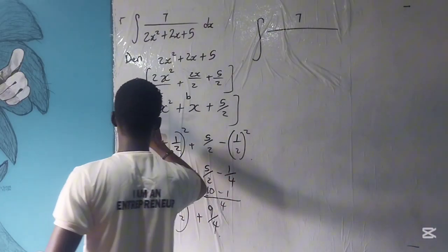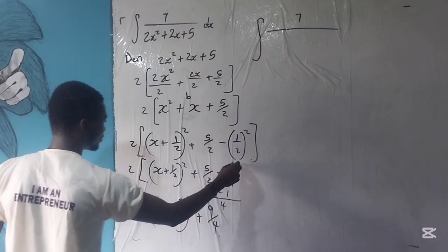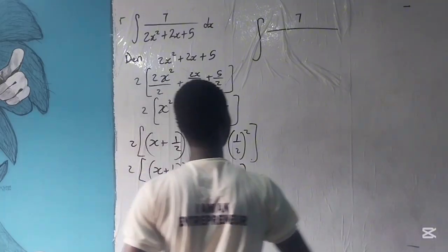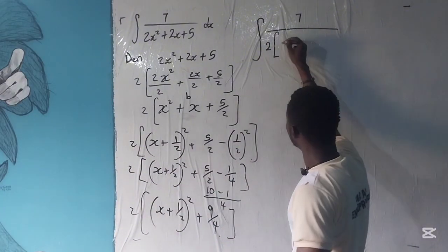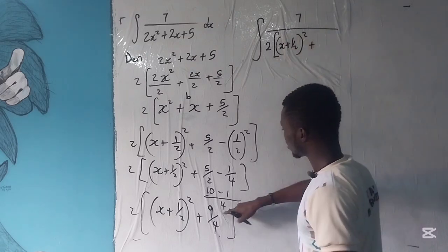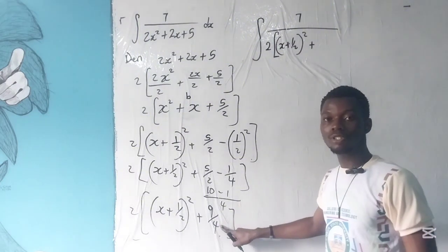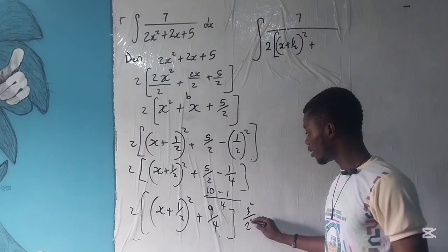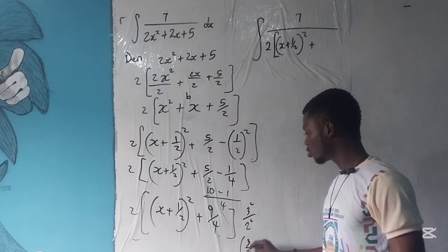Now, let us not forget this 2, the 2 that is at the front. The 2 will affect everything. That 2 is very important. So 7 all over 2 into x plus half squared plus 9 over 4. But now, what is 9 over 4? 9 over 4 is 3 squared, 2 squared, right? And if you factorize out the square, that means you have 3 over 2 squared.